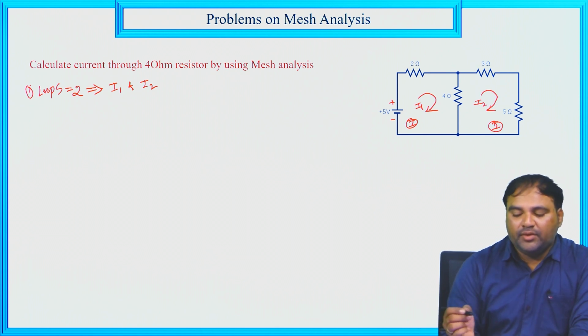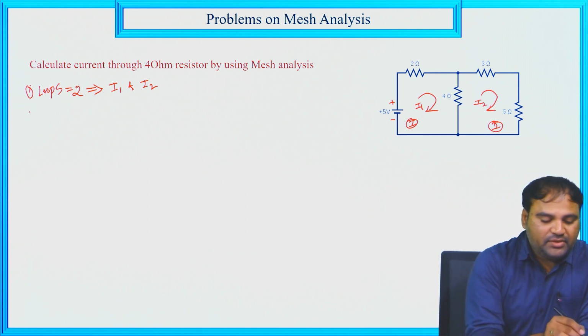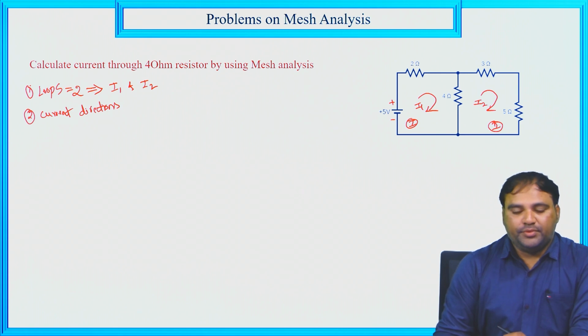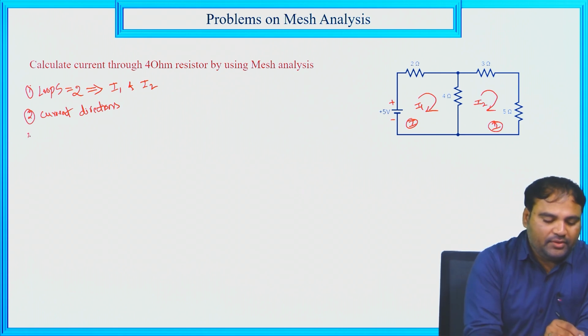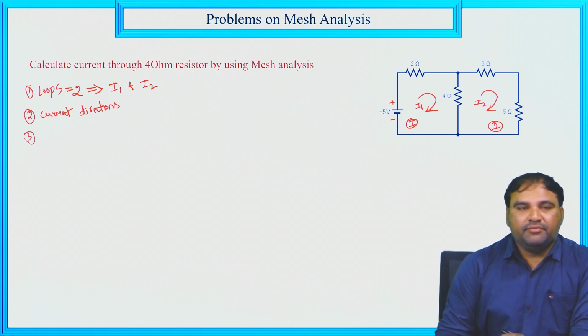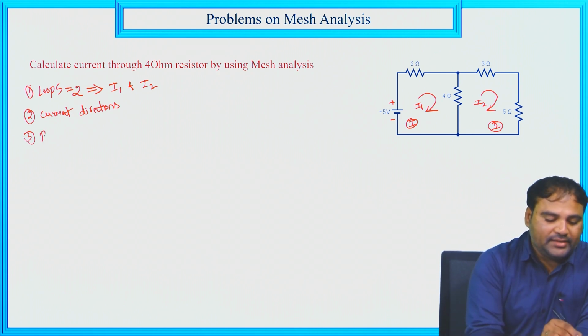The second step is that we need to give the current directions in each loop. Now the third one, step number 3, is to assign the polarities.